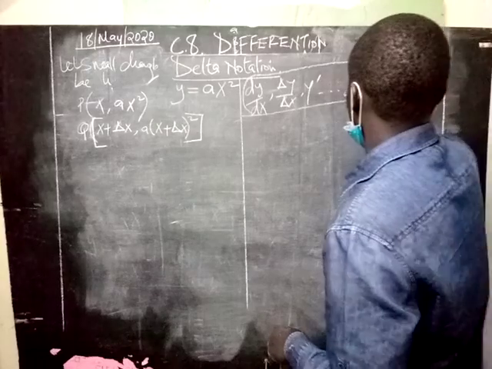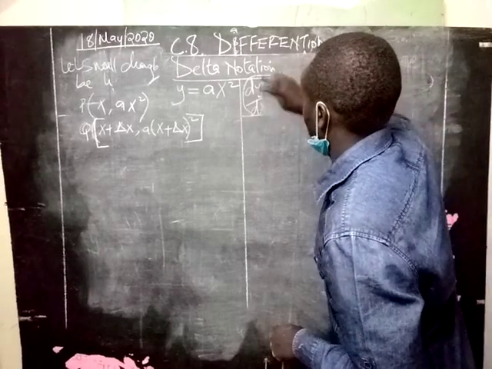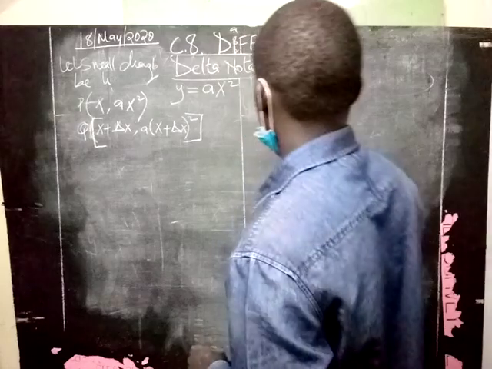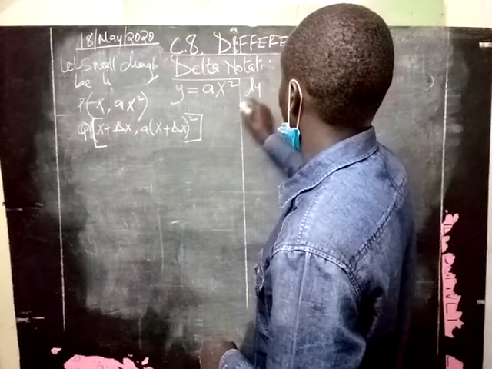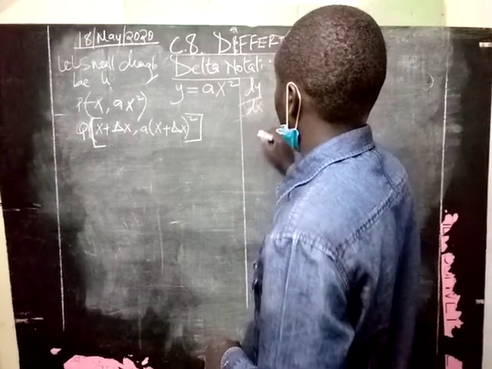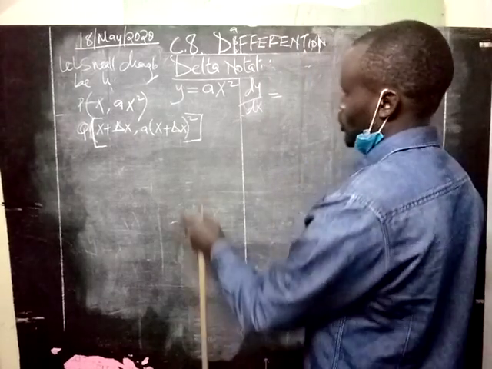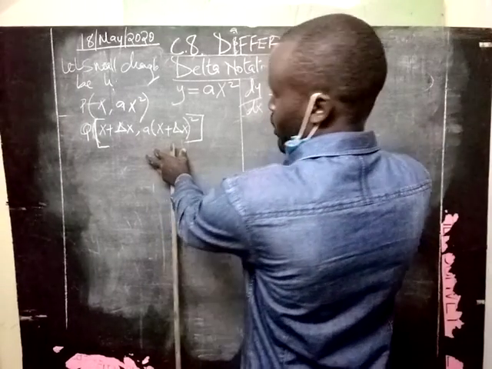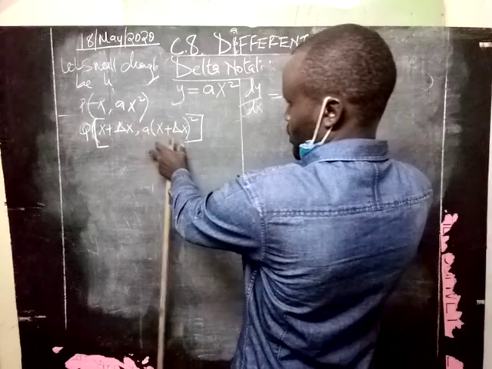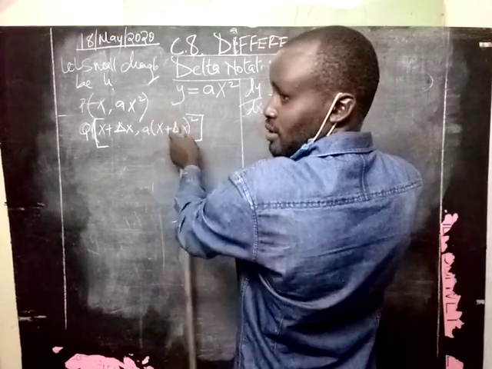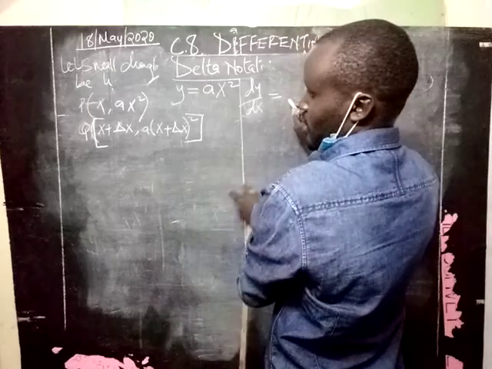So we are going to use one of them. Let's say dy over dx is the change in y over the change in x. We are going to find the difference between the y's, then the difference between the x's.